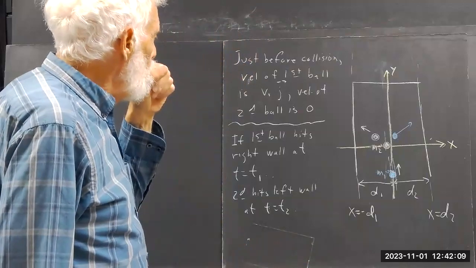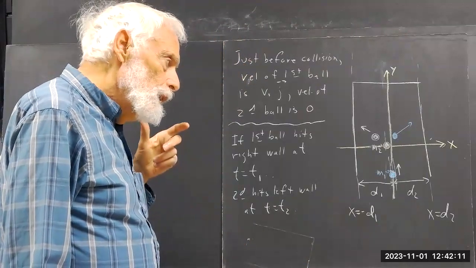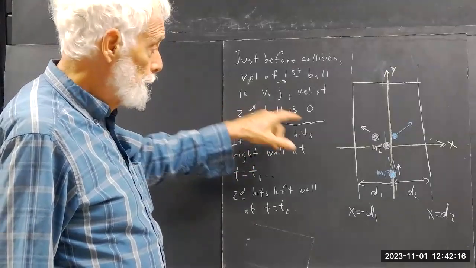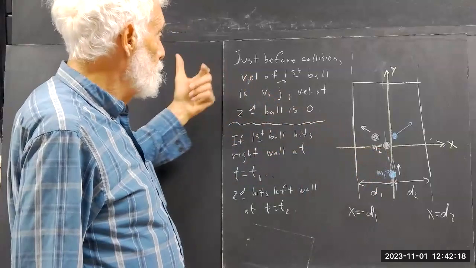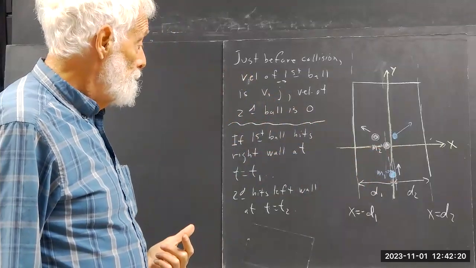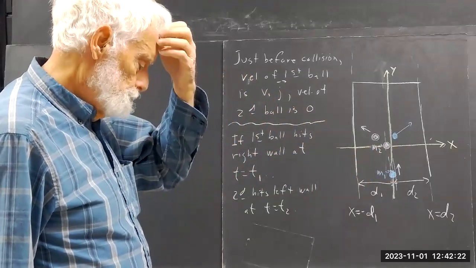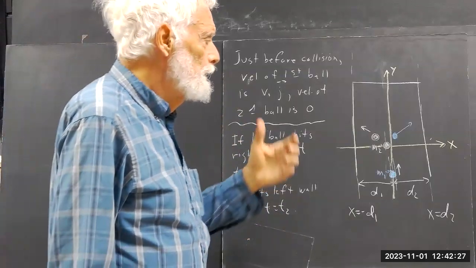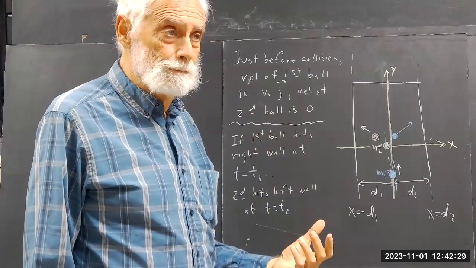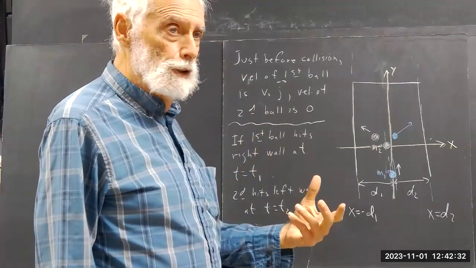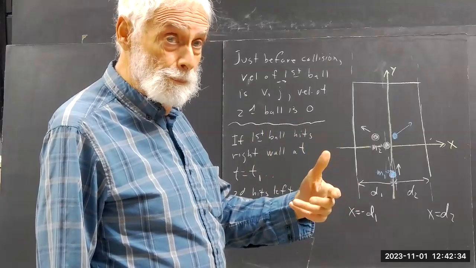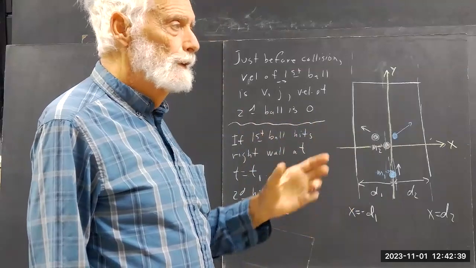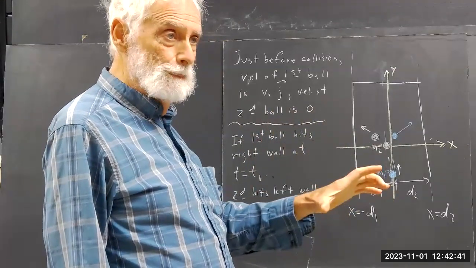So if we use v1j for the vector velocity of ball one just before collision, and if we assume that there's negligible energy loss, there's so little energy loss due to the rolling friction with the tabletop that there's negligible difference in calculating the velocity.